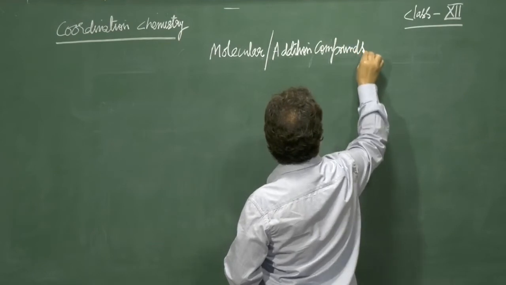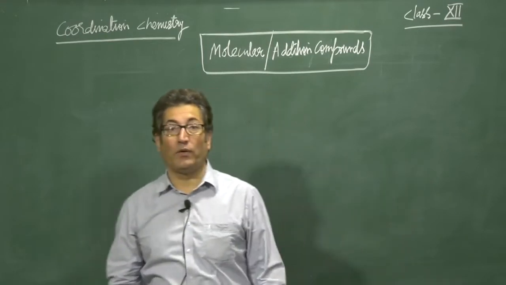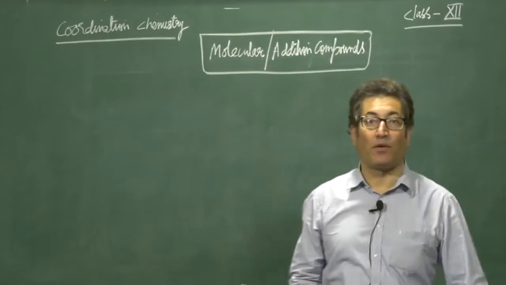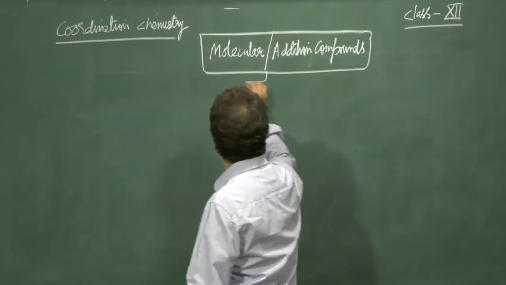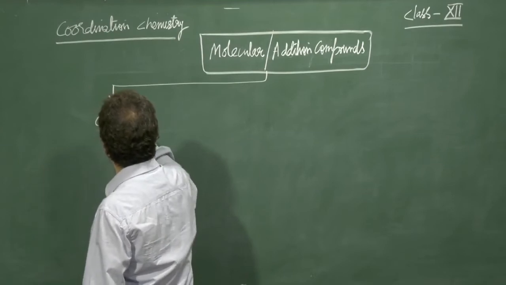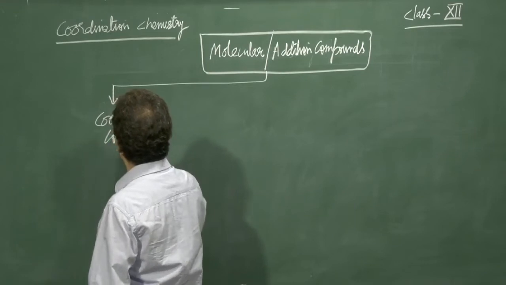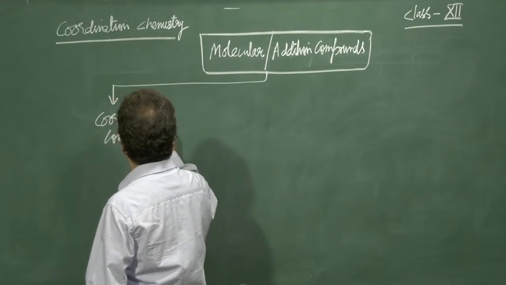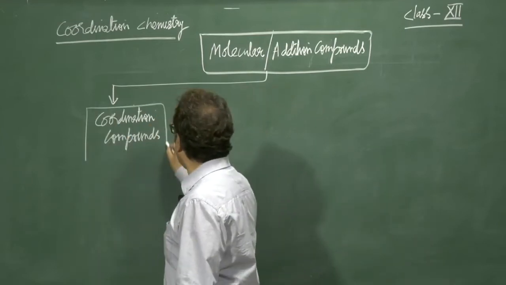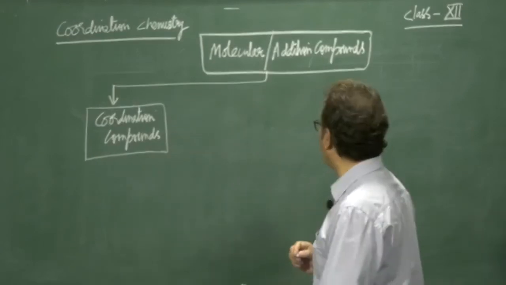There are two types of molecular or addition compounds. One of the types is called coordination compounds. So coordination compounds are actually a type of a general series of compounds which are called molecular or addition compounds.